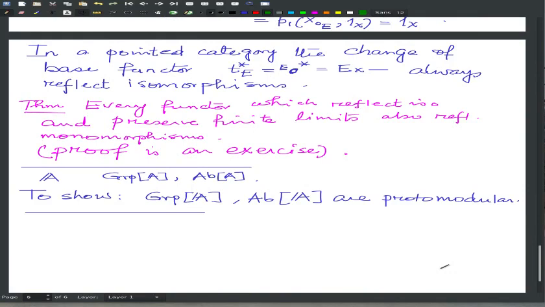Now, this is another theorem. If, say, F holds, then even if A is not pointed, the category of internal groups of A can be pointed.